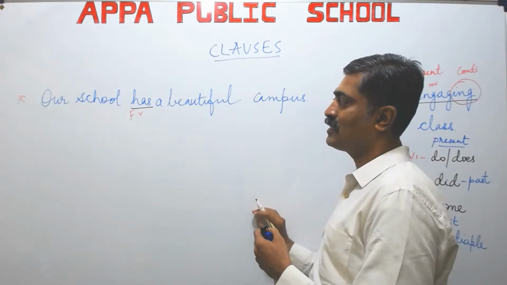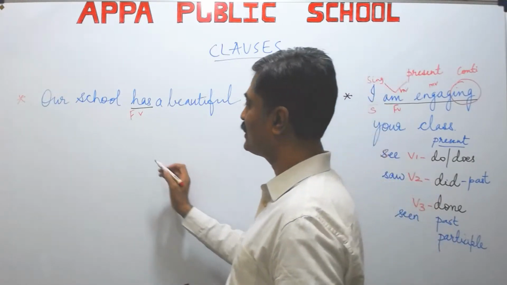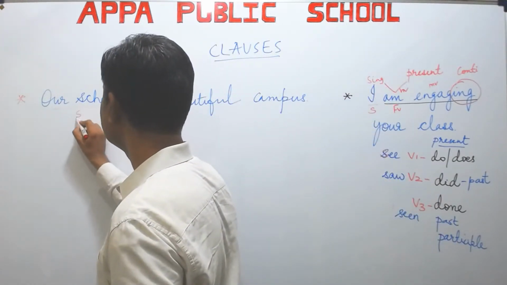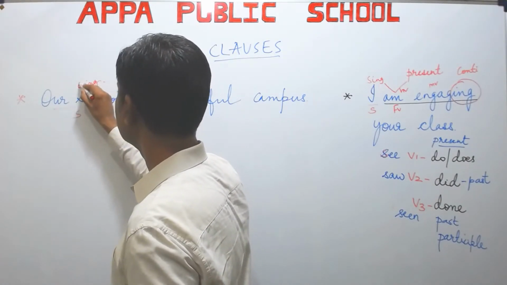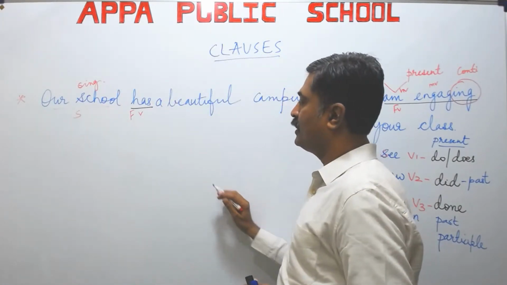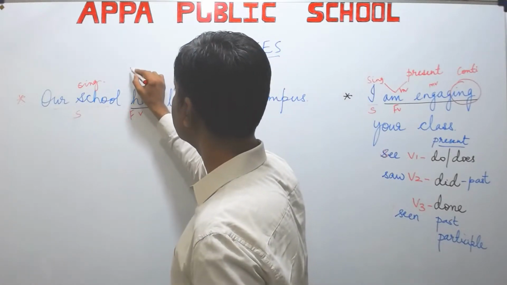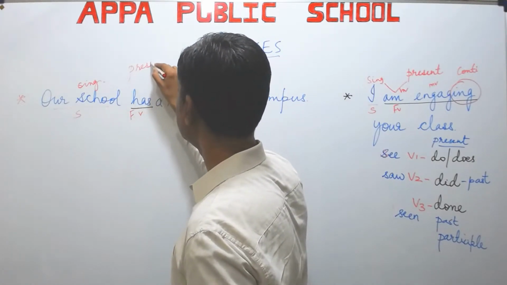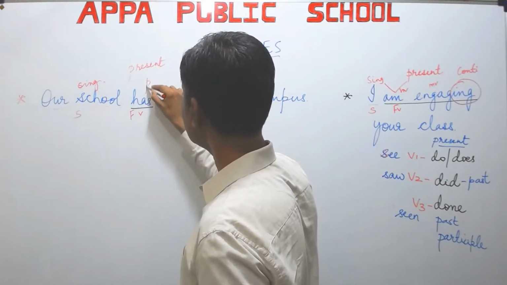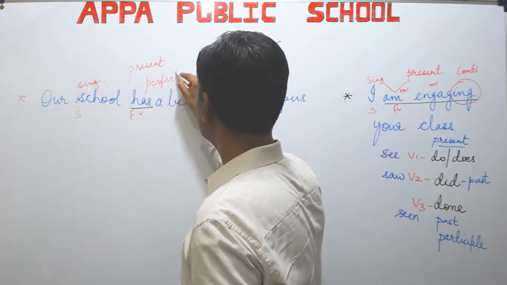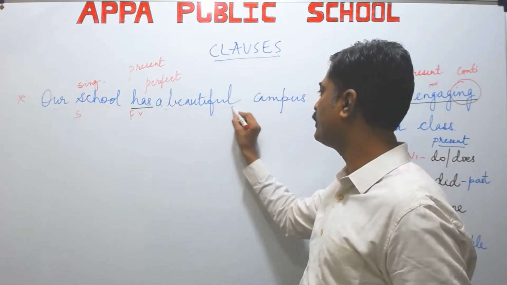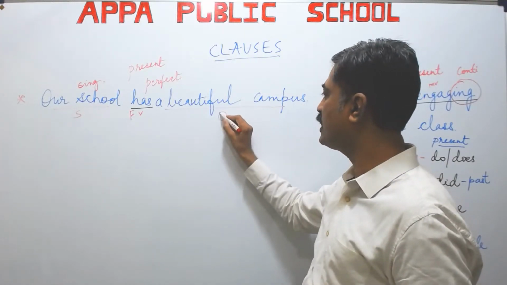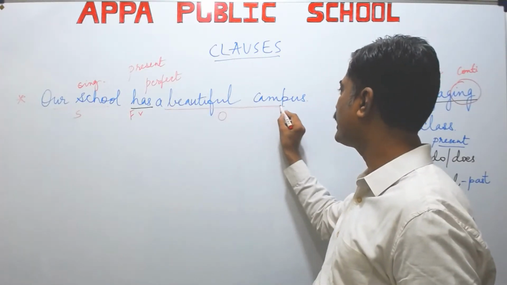'Has' also tells us that the subject that we have here is a singular subject. And then the tense here, of course, 'has' is always in present perfect. Our school has. What has it got? A beautiful campus. This becomes the object, a beautiful campus.